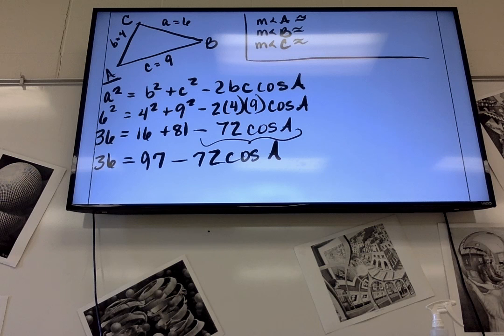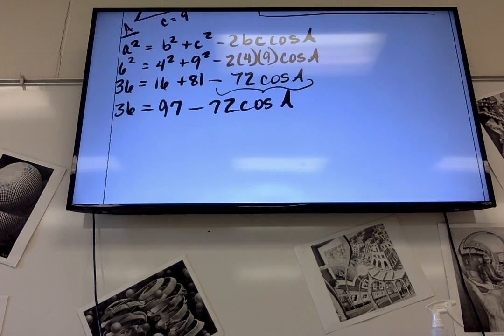I cannot subtract 97 minus 72. That's not following the order of operations. I can subtract 97 from both sides of the equal sign. You get 36 minus 97, get negative 61.